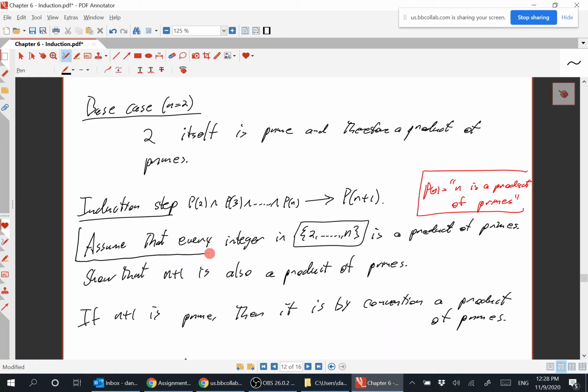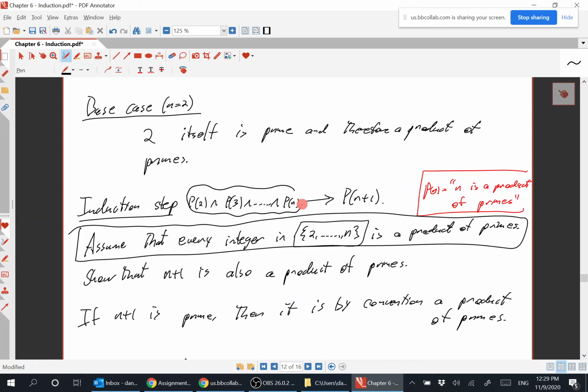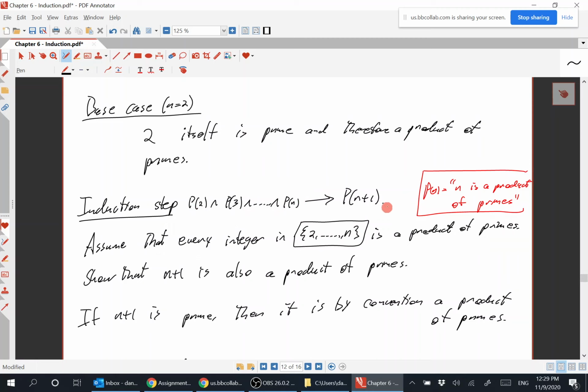And one of the sort of tricky parts of using this is writing down the induction hypothesis. Writing down the induction hypothesis requires you to quantify this here. It requires that statement to be said in some sort of universally quantified fashion.